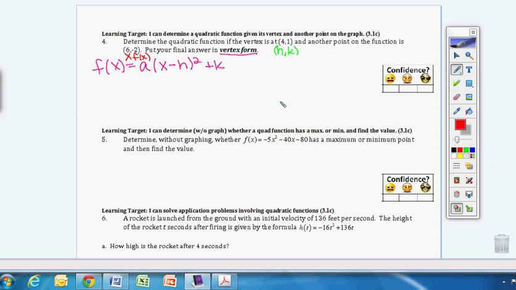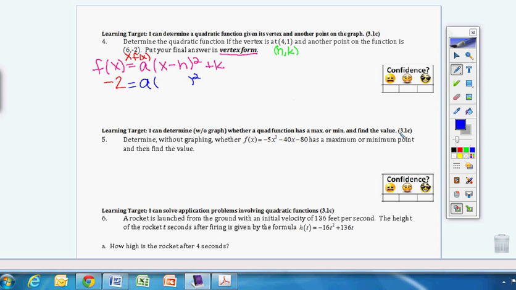So we need to plug these right back into this equation. I'm going to rewrite it and write it all with my colors at the same time, because I know I need to isolate a. My f of x is -2, so this is going to become -2, and that equals a, and we don't know what that is yet.